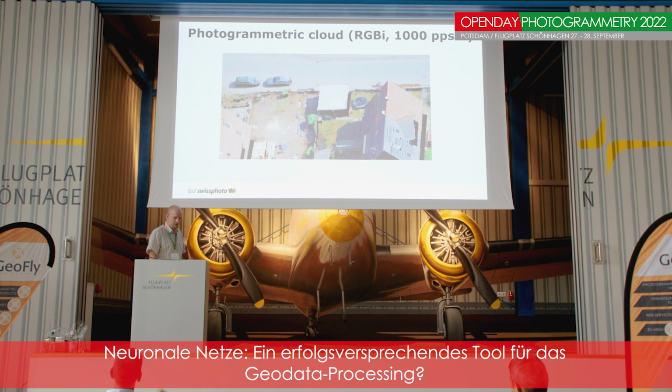For example, here we have a photogrammetric cloud, which has features of colors RGB and intensity. And it has a very high point density, 1,000 points per square meter. You can see that even some small objects like balls or some bushes are present here.